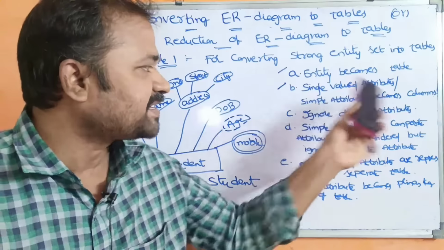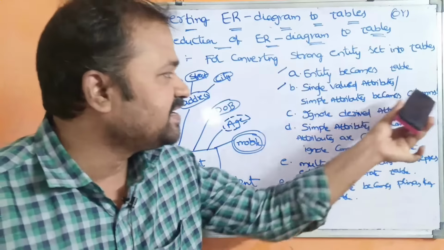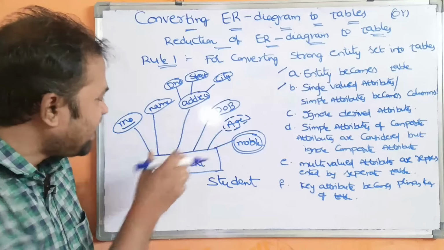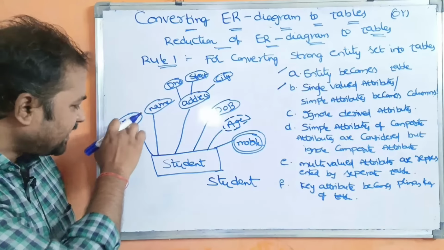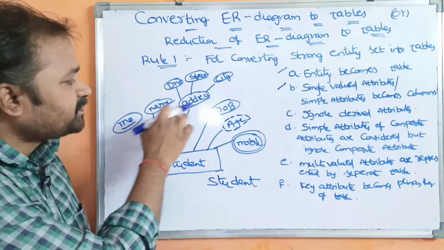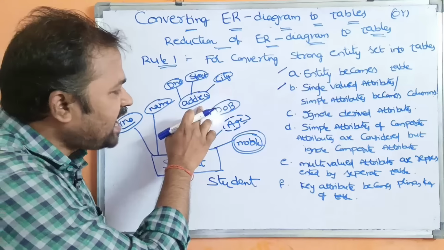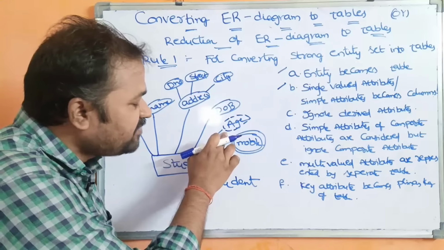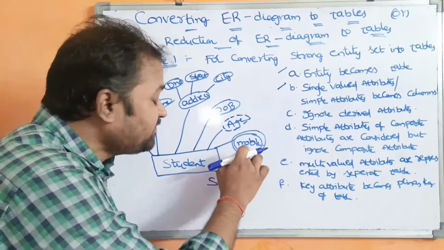So they are nothing but simple attributes, and they will simply become the columns. If we take this diagram, roll number is some key field, name is a simple attribute, address is a composite attribute, date of birth is a simple attribute, age is a derived attribute, mobile number is a multi-valued attribute.